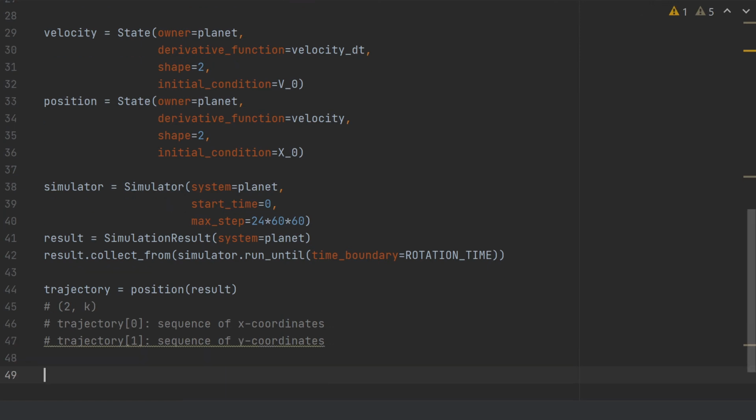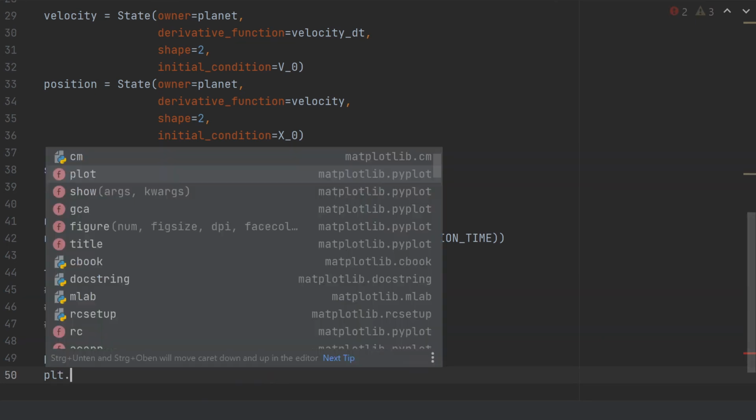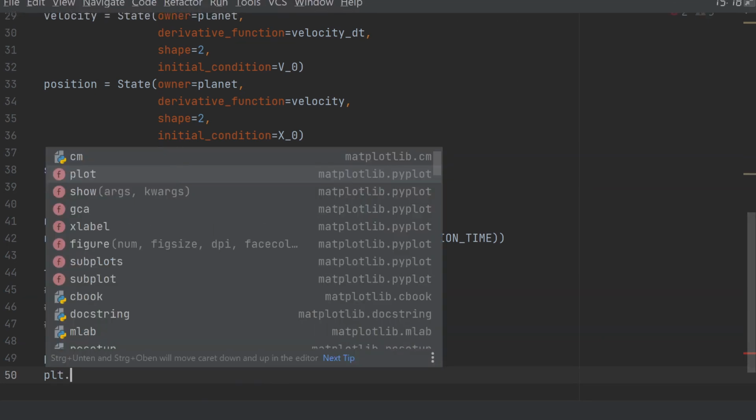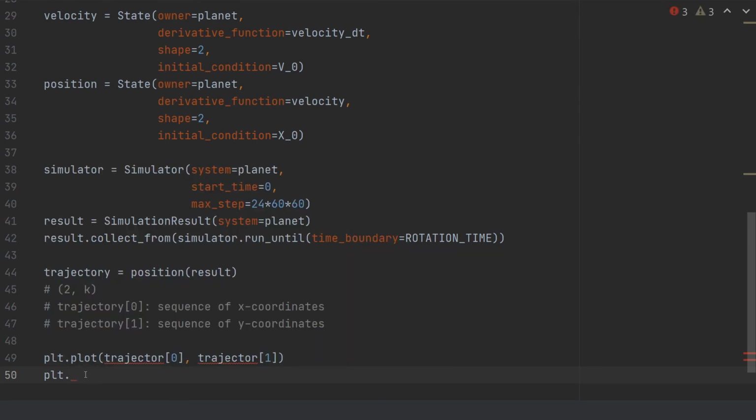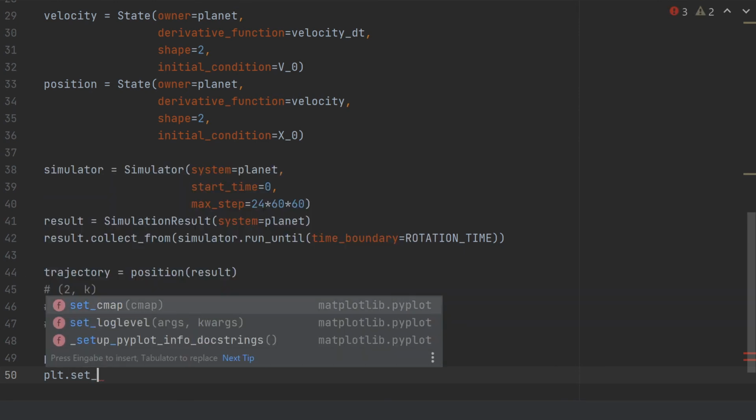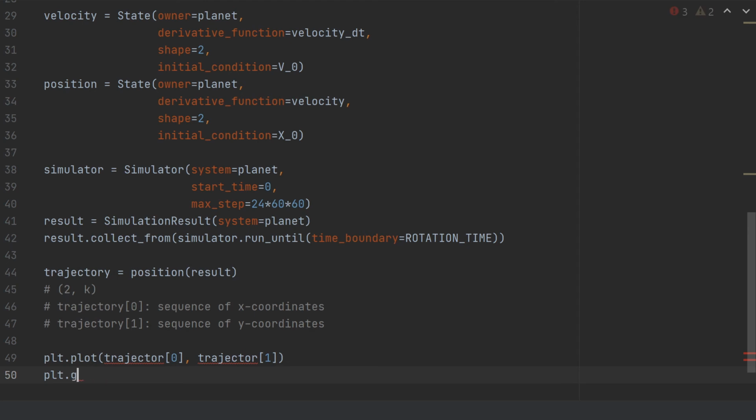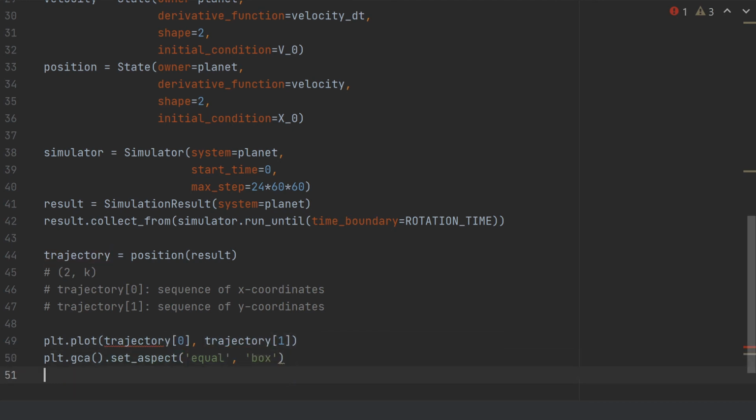And that means we can now simply say plot trajectory 0, trajectory 1, and we will set the aspect ratio of the output so that it is square. And then show the plot.